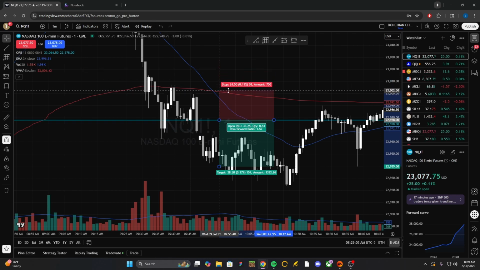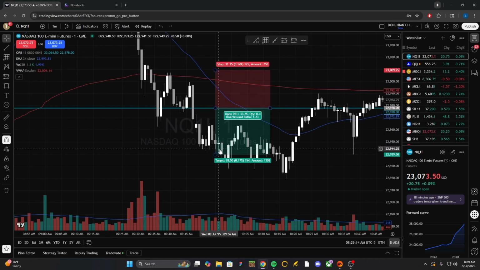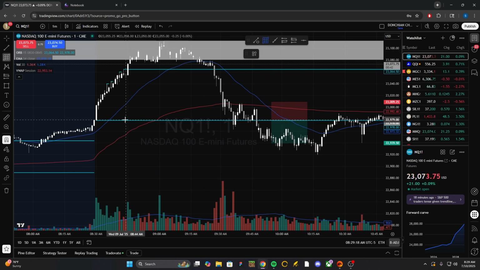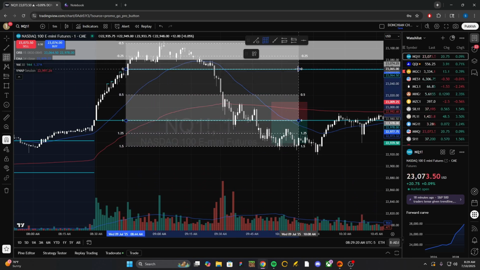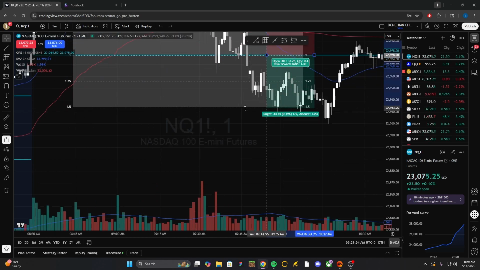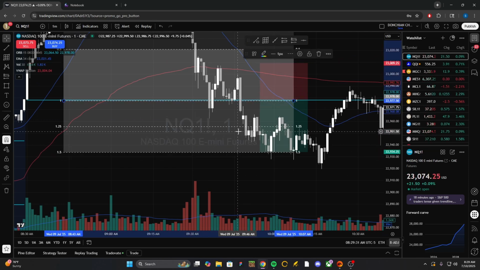Realistically, I probably set it right there, stop loss above those highs here. And then our target would have been right here. So a nice 1 to 1.4 trade.